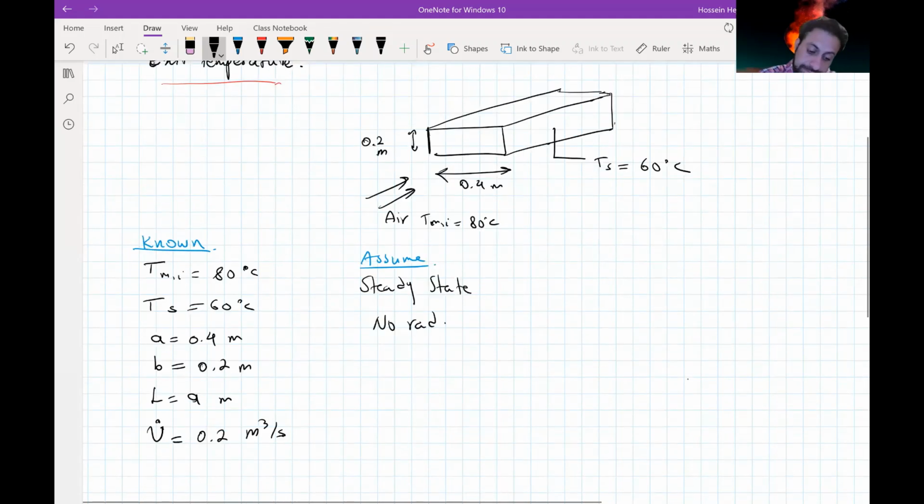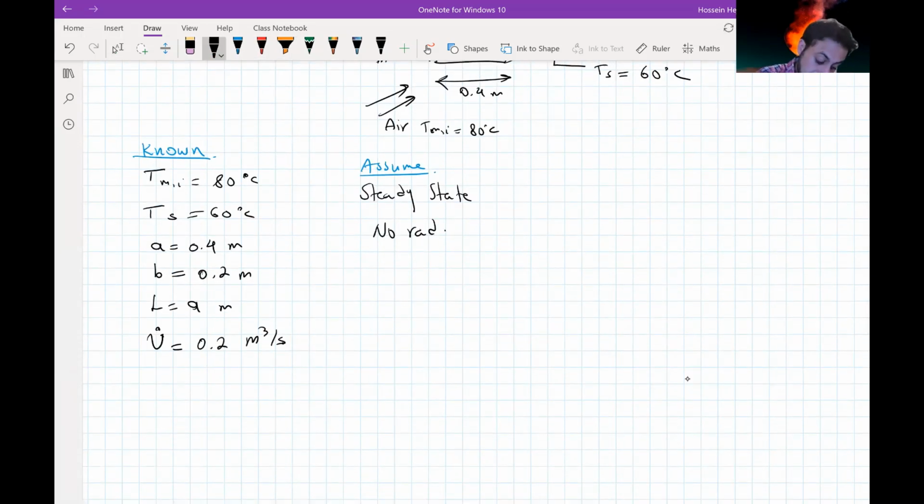Okay, to start the analysis, first we evaluate the properties. Properties are evaluated at the average mean temperature between inlet and outlet, T average equals T_m,i plus T_m,o divided by 2.